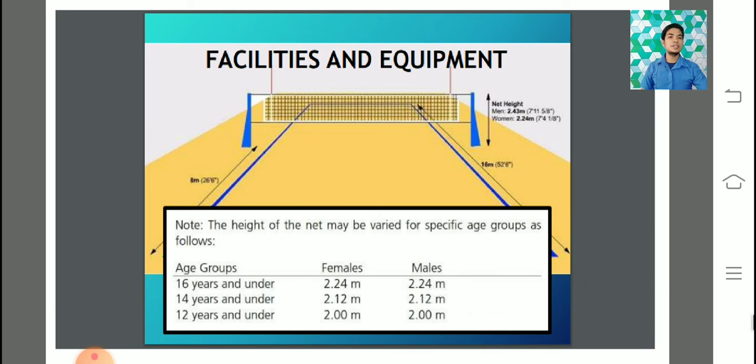Okay? So nag-adjust yung height ng net. It depends to the age. 16 years old pababa. Ayun nga, kapag 16 years old naman pataas, susundin natin yung standard measurement na binigay kanina. Okay?